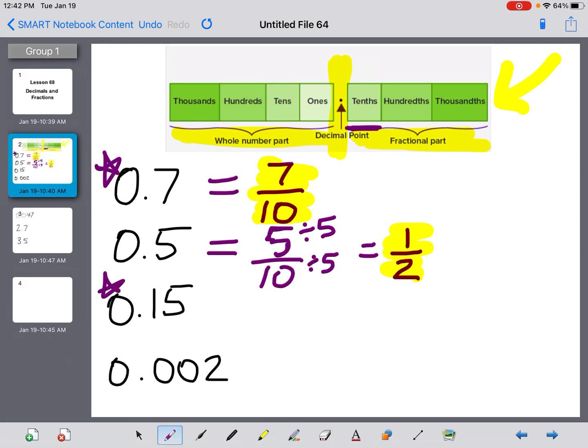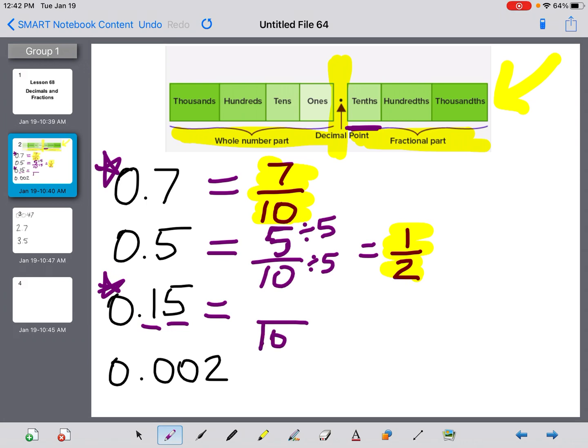Now, let's say you come across this third example here and you have 0.15. It is just as simple to put that into a fraction, except for now we have two numbers behind the decimal. So if you have two numbers behind the decimal, your denominator of your fraction is going to be different. All right, so for our first two examples, we just had one number. The number was in the tenths place, so our denominator was a 10. But here the 5 is in the hundredths place.